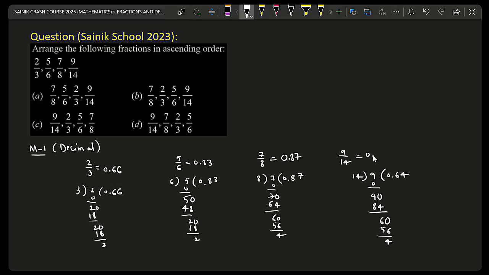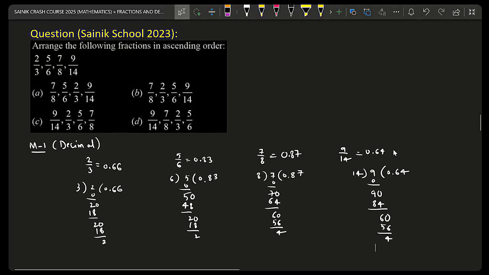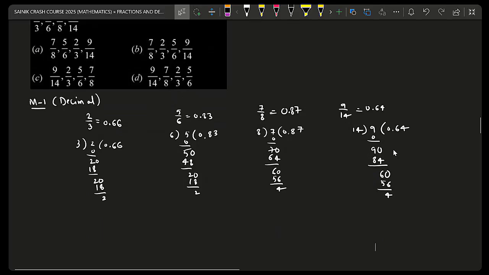Yes, sir. Okay, first let us write the ascending order of the decimals. So decimals, what is the ascending order? Ascending is smallest to largest.